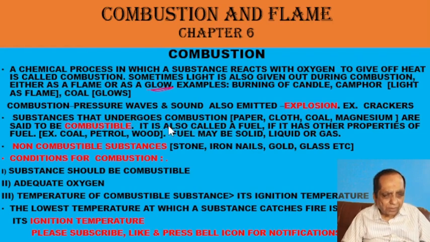Such substances we also call fuel if they have other properties of fuel, like coal, petrol, wood. They are fuel, because they undergo combustion and liberate an adequate amount of heat, which can be utilized. Now this fuel can be solid, liquid, or gaseous. We will be learning this in the next slide or later on.